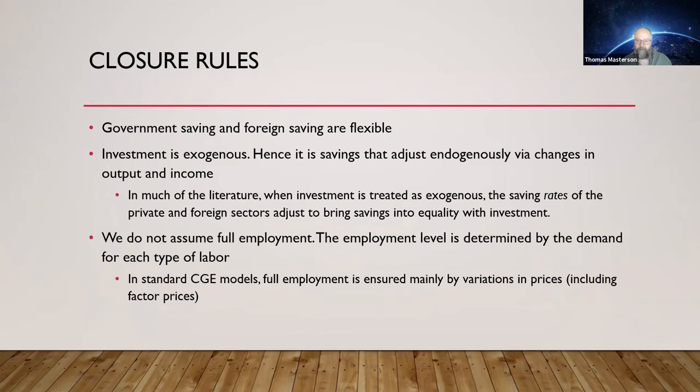We're keeping factor prices fixed and seeing what happens to output and employment instead. So it's a classical closure, not a neoclassical closure. The level of employment that we're going to find is determined by the demand for each type of labor, which is going to change as a result of the injection of investment by the government.